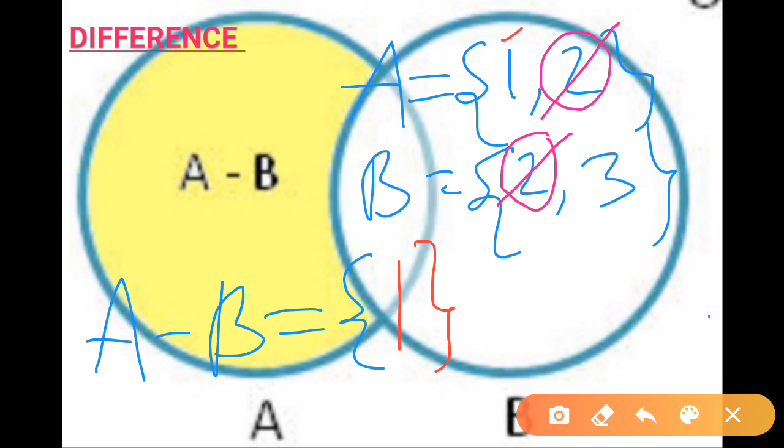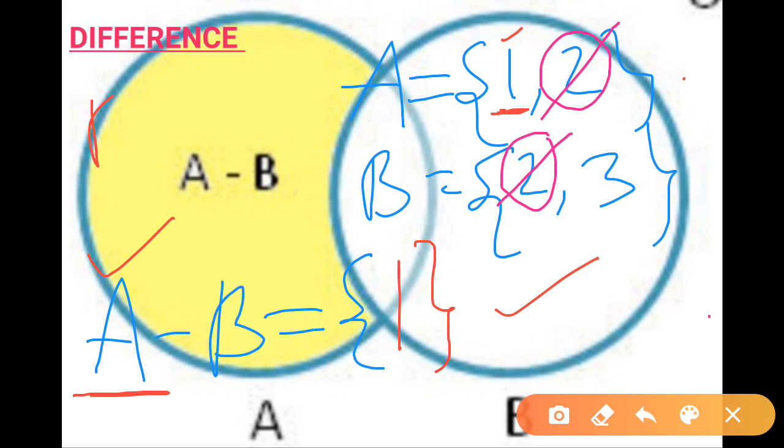So what about B minus A? B minus A means you should take elements of B only. What I'm doing here is giving priority to the first set. After cutting the common elements, I write only the rest of the first set's elements. Here it is 1 only.